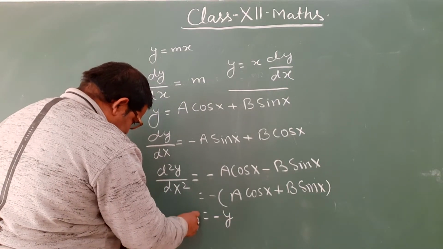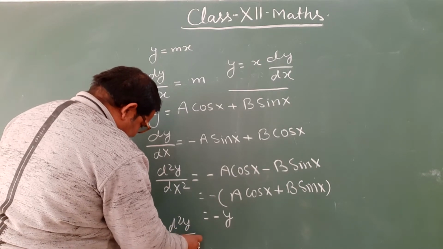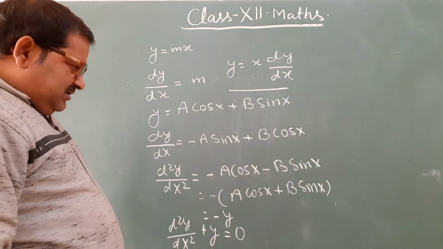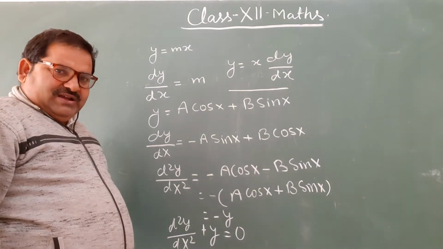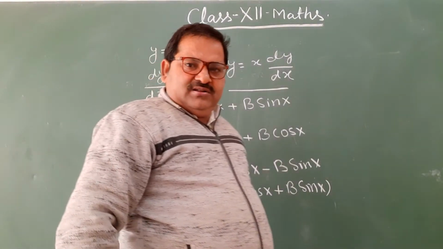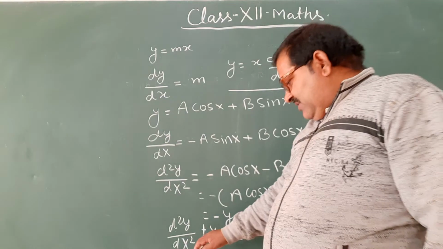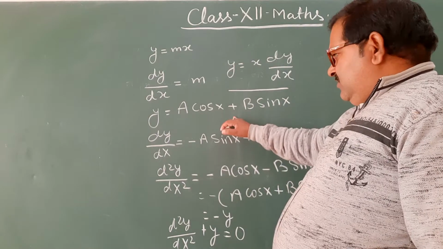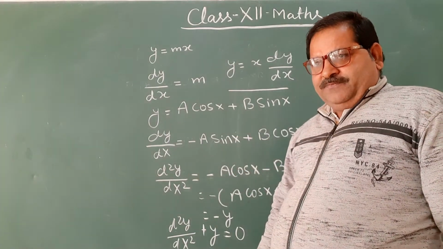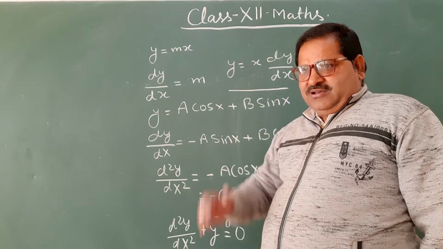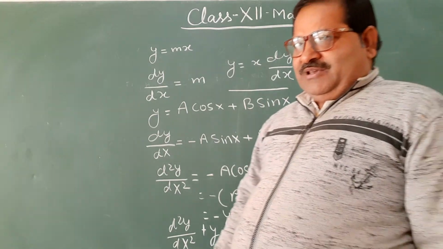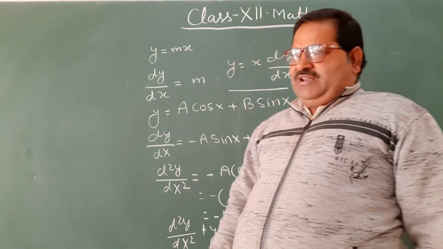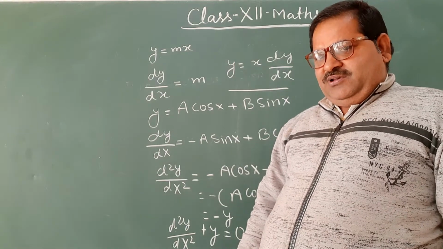So d2y upon dx square plus y equal to 0. This is a differential equation of second order, in which the equation has two arbitrary constants. It means if the number of arbitrary constants is n, then a differential equation of order n is found. Clear?